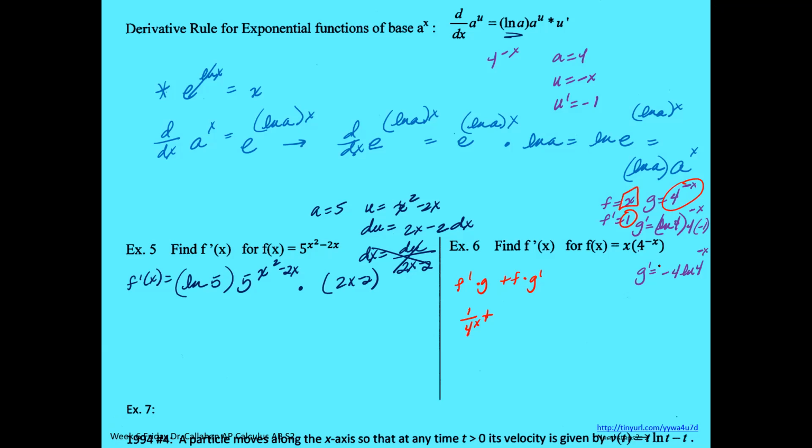So here's f times g prime, which is just going to give me negative x ln 4 to the negative x.